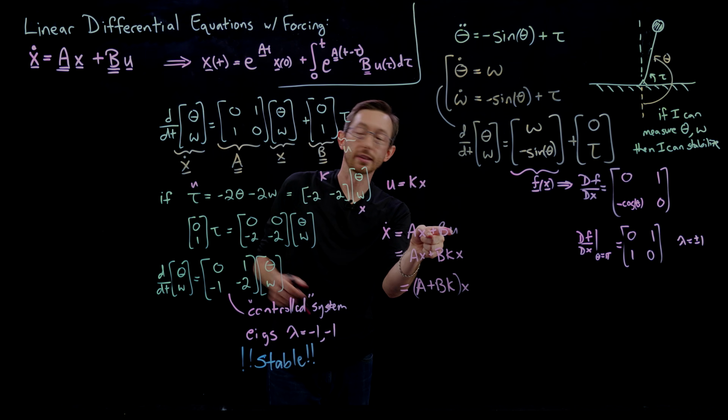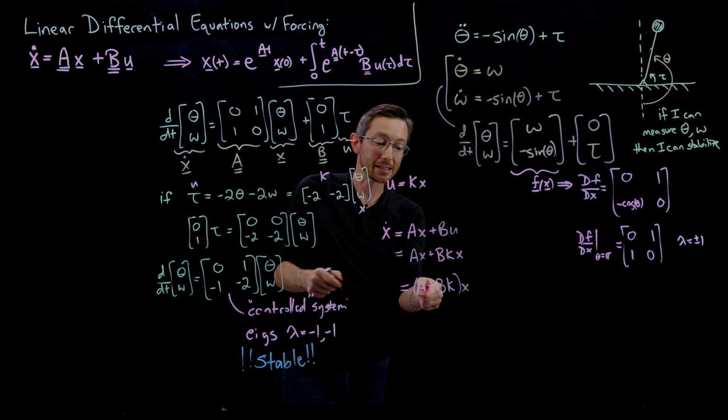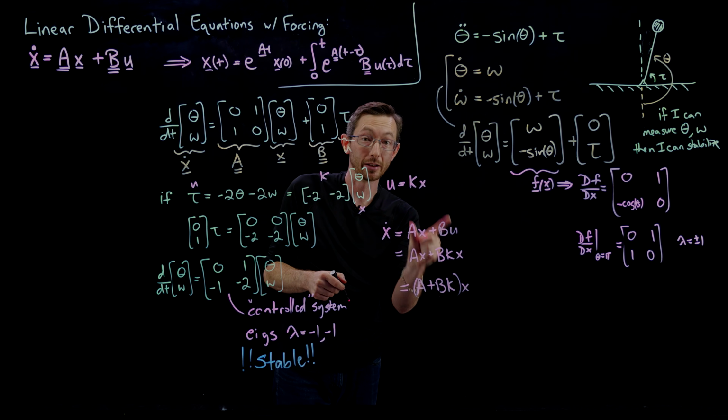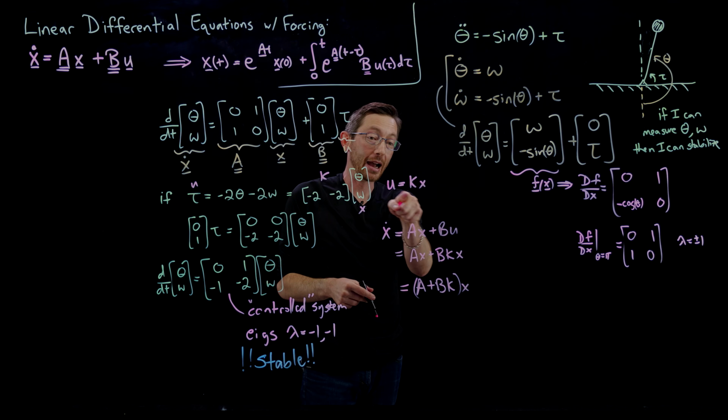And so with control, with this forcing input U, I can make my system look different. This will have different eigenvalues, different dynamics, by using feedback.